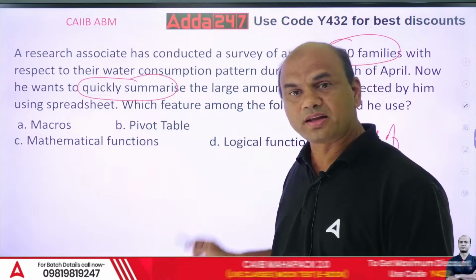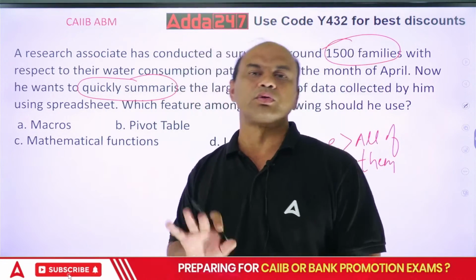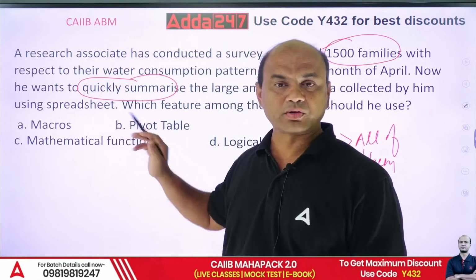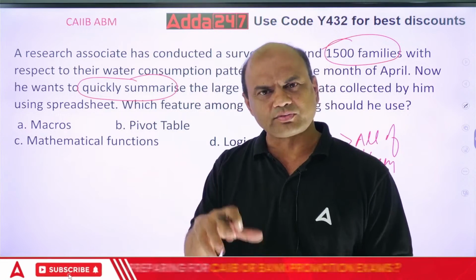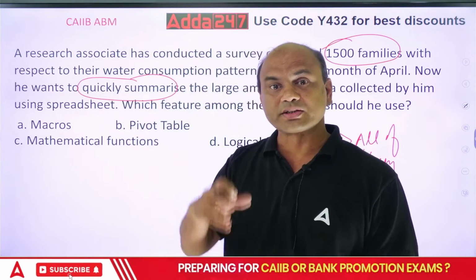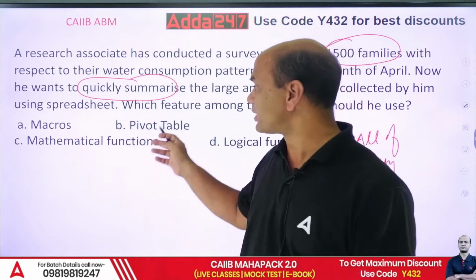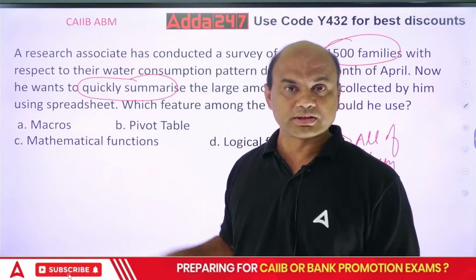In fact, E is the answer, all of them. Because what you will be needing when, you don't know. And all these are important functions. Macros is for repetition. Whenever you have to repeat certain functions or processes constantly, you will use macros. Pivot table, this is like the benchmark table. This is used everywhere.